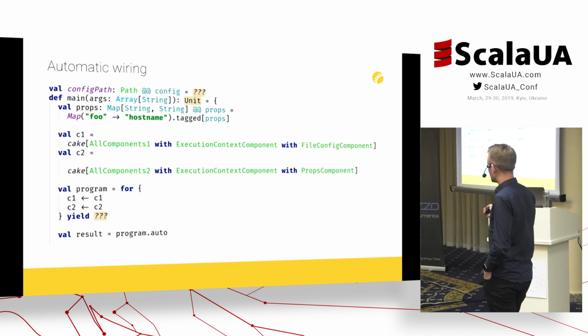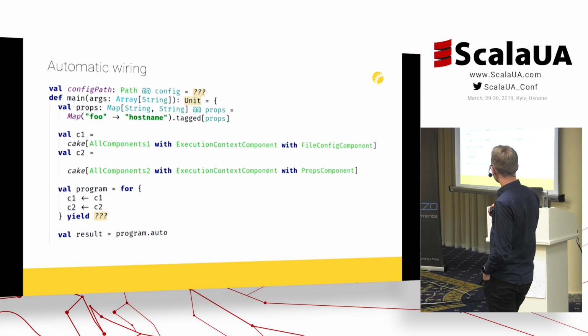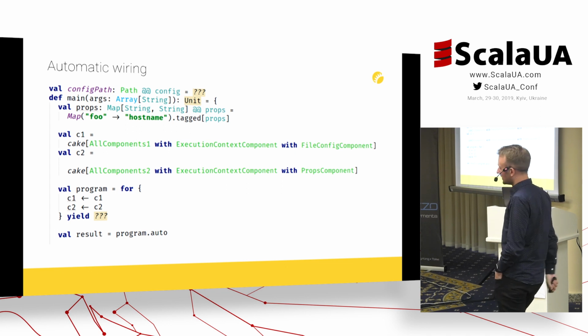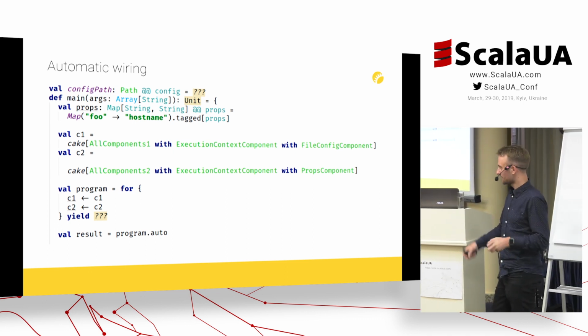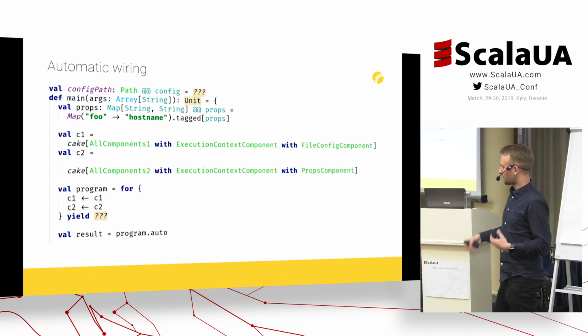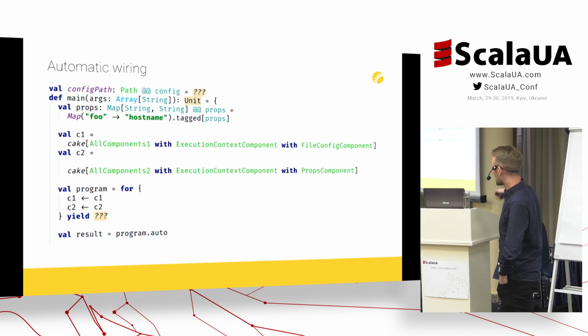So actually, if you don't care about composition, you can just write cake the type dot auto, and you will have your component baked. Unfortunately, Macwire works well only with plain classes, and it only looks up in the constructors, apply method, and so on. Unlike Cakeless, which looks up both in the constructor and in the unimplemented methods in the components in the cake. Is it clear?